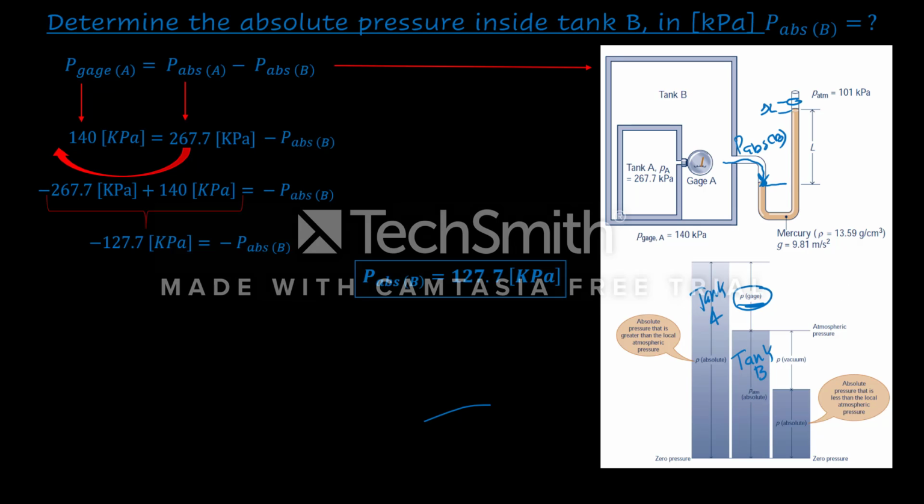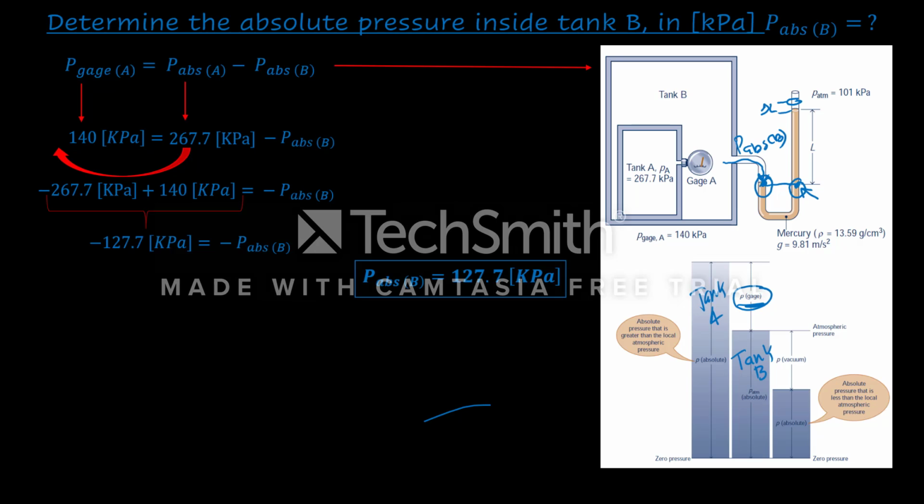In fluids, at the same depth, we have the same pressure. So if we know the pressure on this side, we know the pressure on this side and vice versa.